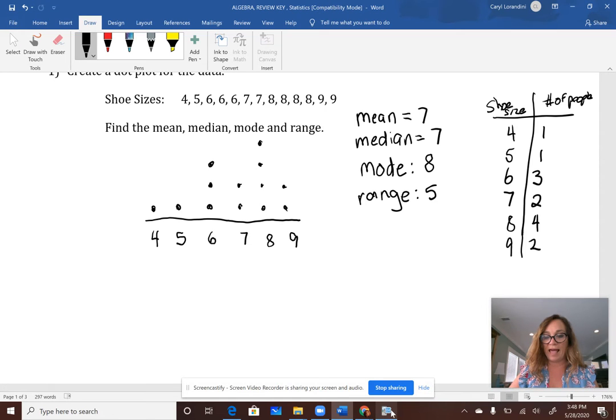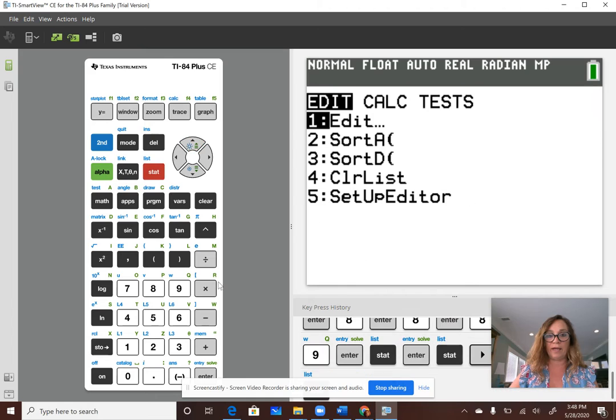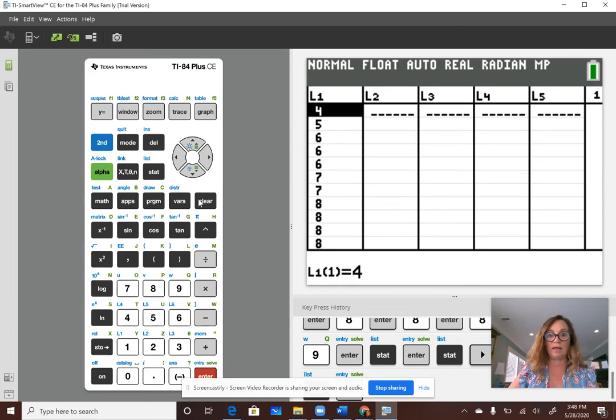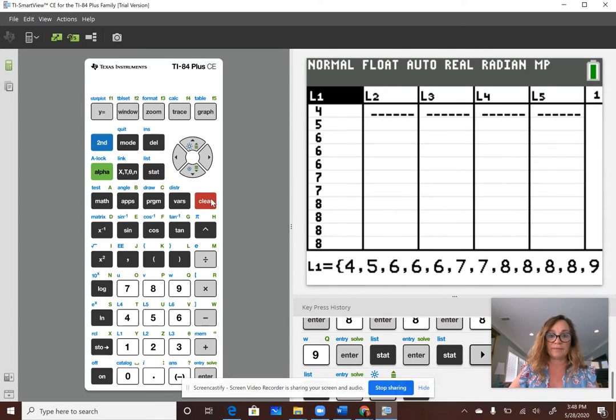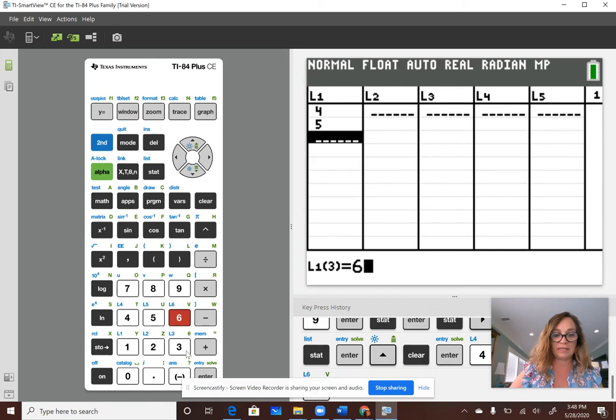So if you were using that on the calculator, you would put in your L1 the 4, 5, 6, 7, 8, 9. So you would be like 4, enter. It's easier if I do it with the mouse. Enter 5, enter 6, enter 7, enter 8, enter 9, enter.